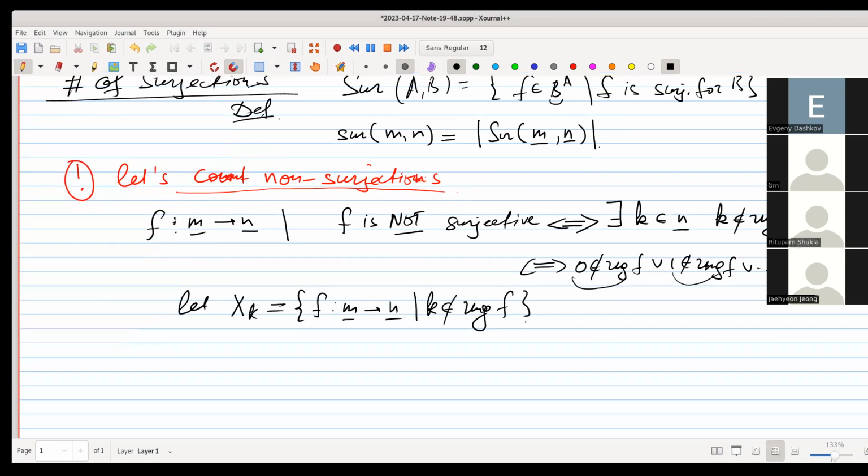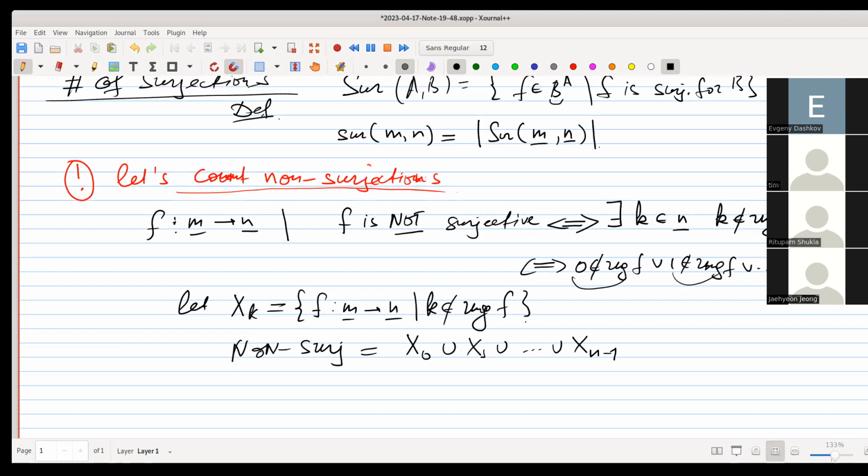So the set of non-surjections is just the union of these sets. A non-surjection is a function that either doesn't take 0, or doesn't take 1, or doesn't take 2, or maybe some of these values simultaneously.